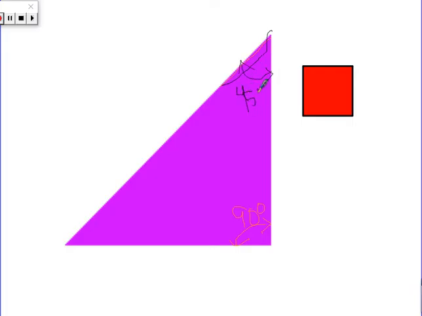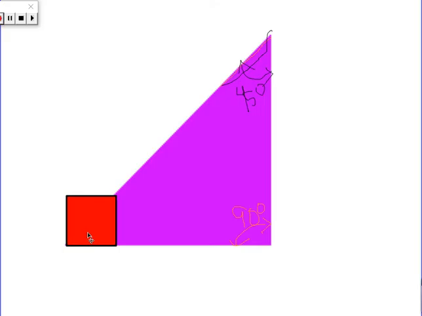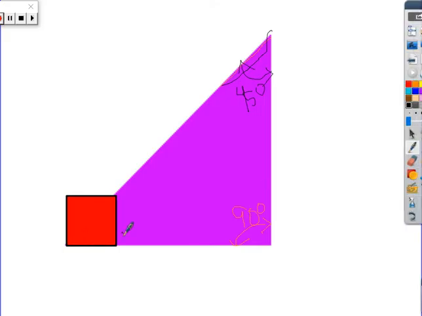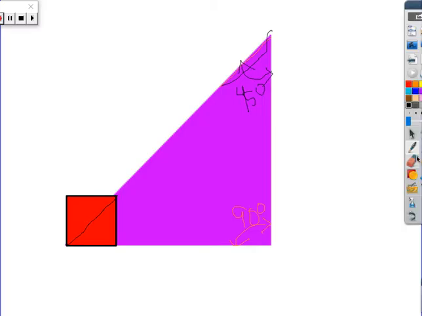So if this one's 45 degrees, let's check this one, and I notice the same thing. It is half of a 90-degree angle.